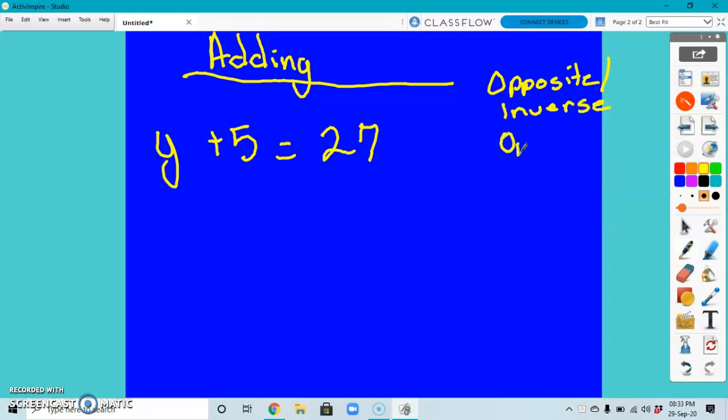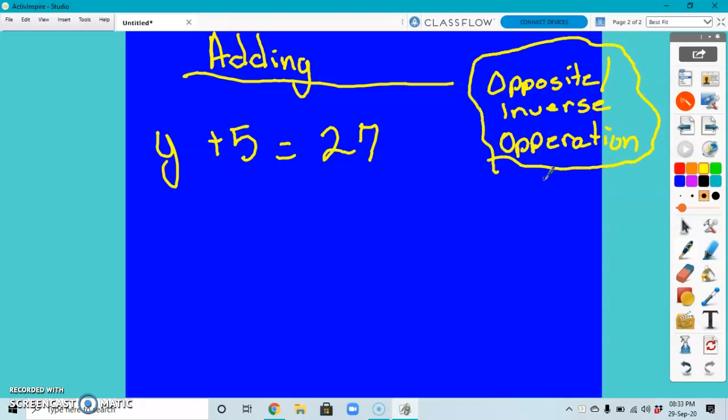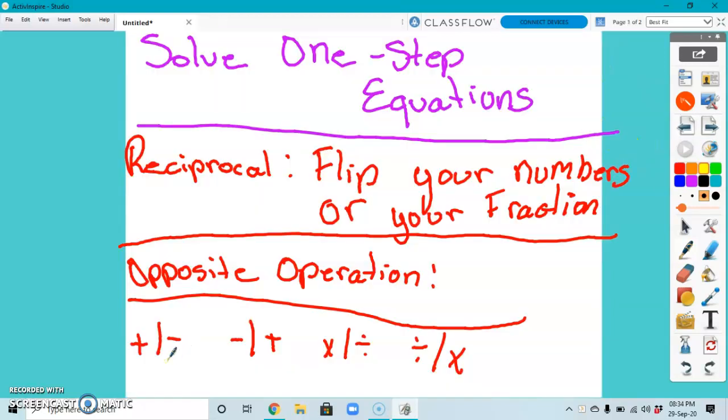You can check with your other teacher. Keep that in mind. Since it's adding, you're going to turn it to subtracting. You can check your other page, so you can check your clues.